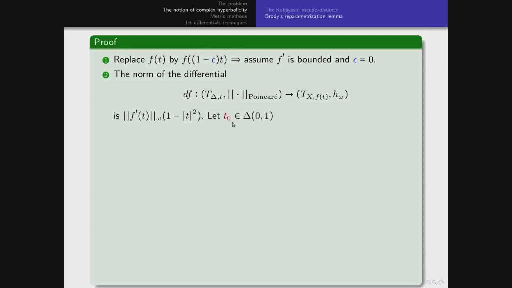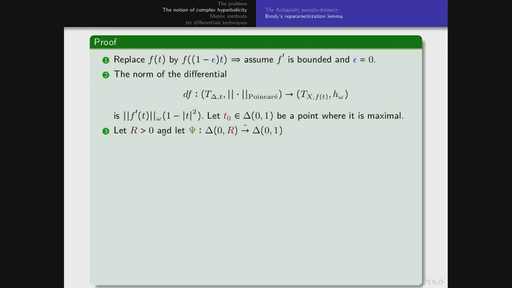So we can pick t0 inside the interior of the disk, where this quantity is maximal. And this t0 will be the new origin of our reparametrization of the disk. So now we pick an R, which will be large enough at the end of the proof, but for now I will not give you the condition we need on it.